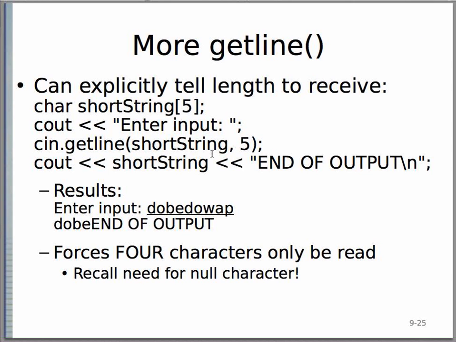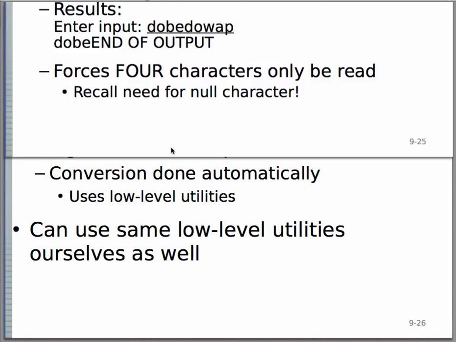Now, if you want to specify the length to receive, in this case, let's say you have only room for 5 characters, that is actually 4 characters and a null termination, then you want to specify 5 over here. Okay, so this forces only 4 characters plus the null character to be put into short string.